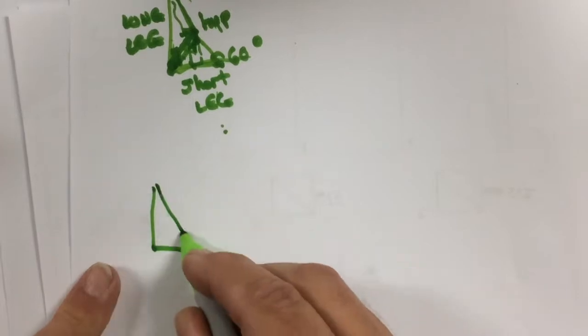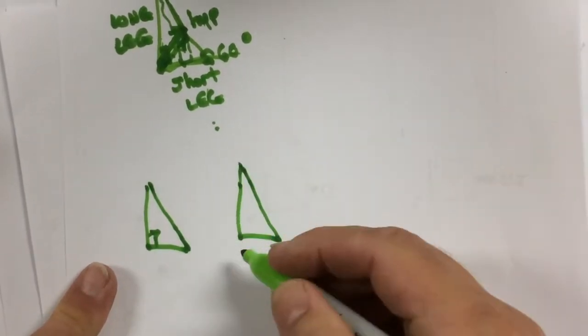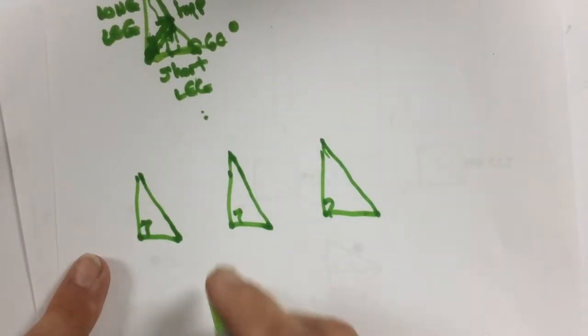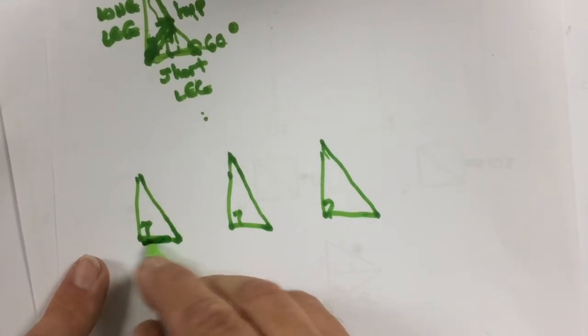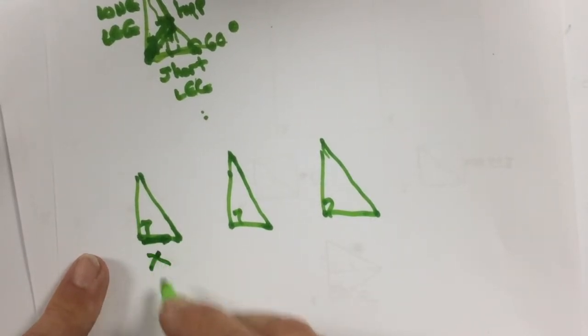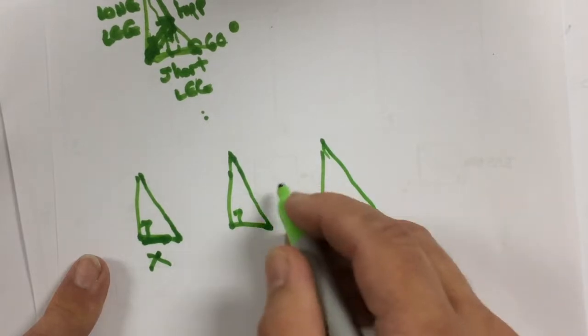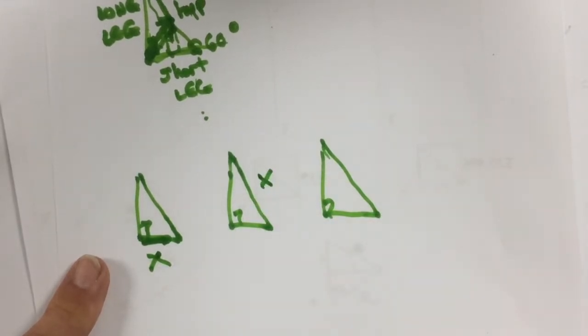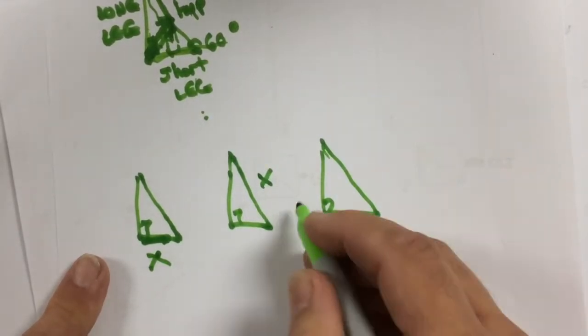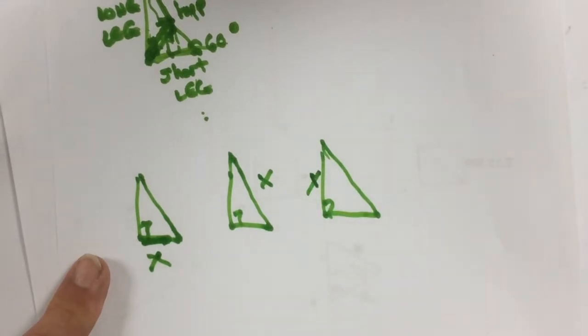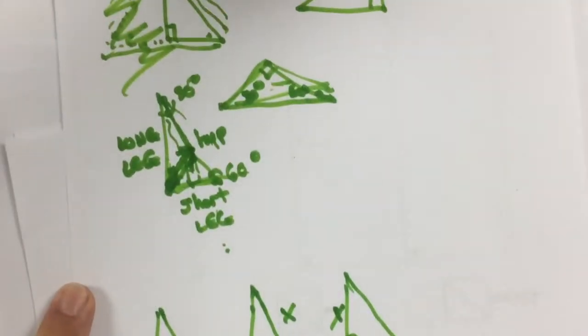So there are 3 ways I can present this to you. I could give you the short leg. I could give you the hypotenuse. Or I could give you the long leg. That's it. It's only 3 ways I can do this. Here's what we know.